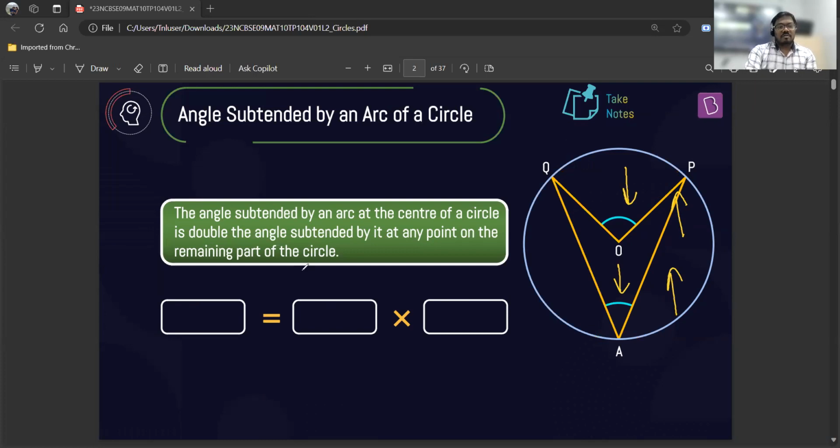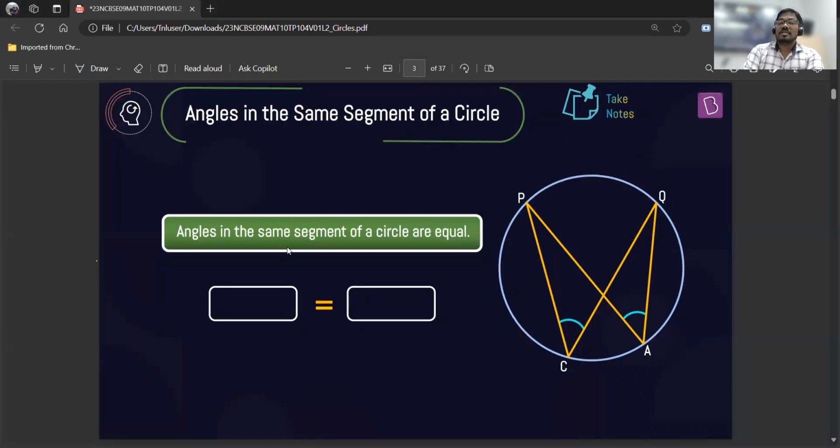The second concept is the angle subtended in the same segment of the same arc. Suppose we have the same arc PQ. The angles formed at the circumference, PCQ and PAQ, are both equal.